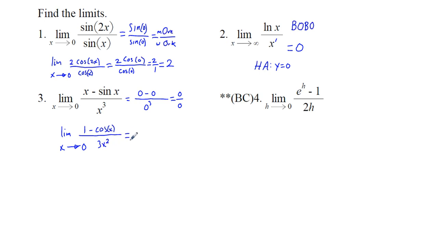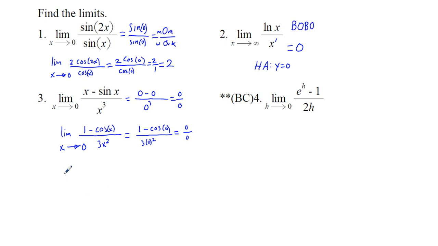And if we plug in 0, we're going to get 1 minus cosine 0 over 3 times 0 squared. Well, in the numerator, we have 1 minus 1, which is 0. And in the denominator, we have 3 times 0 squared, which is also 0.